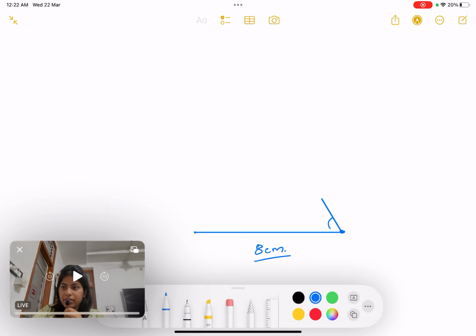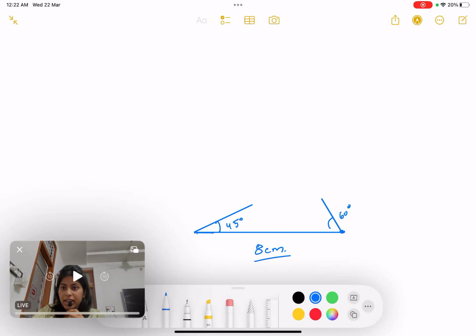Let it be 60 degrees, and another angle I decided to make maybe 45 degrees.